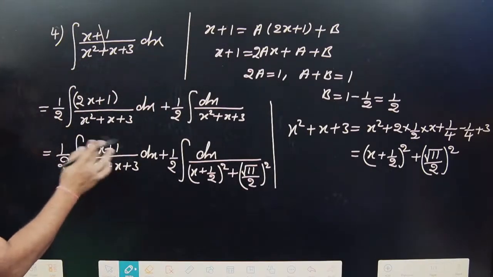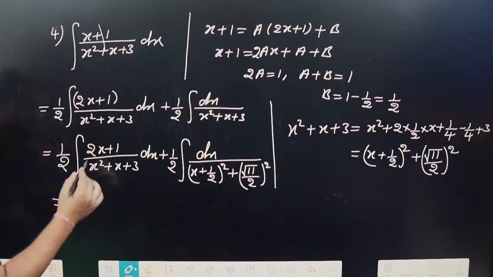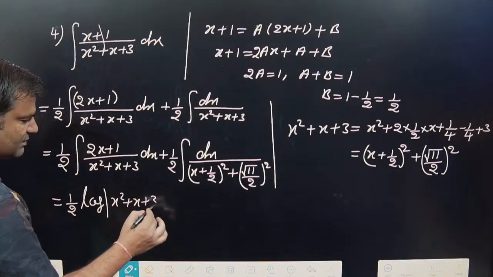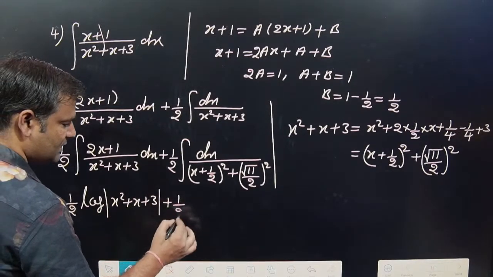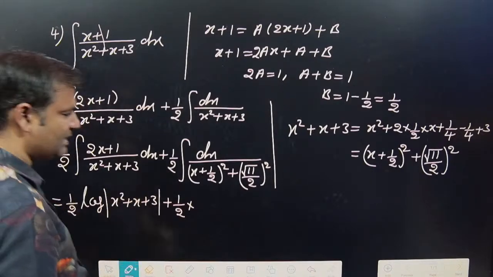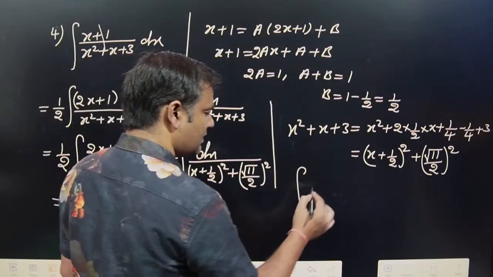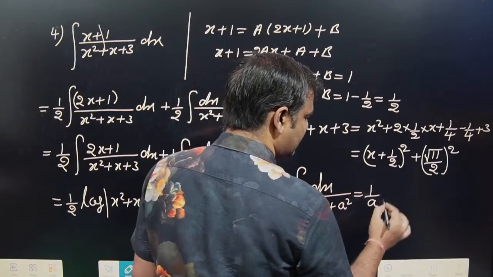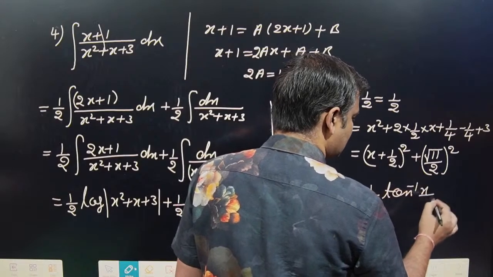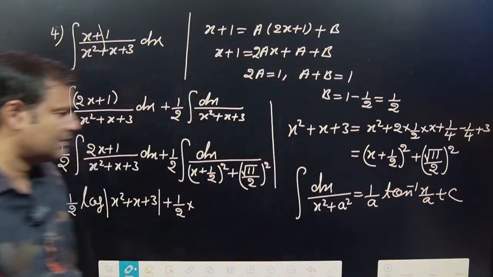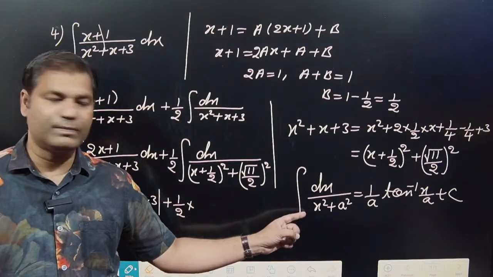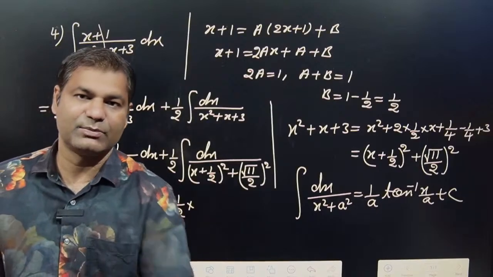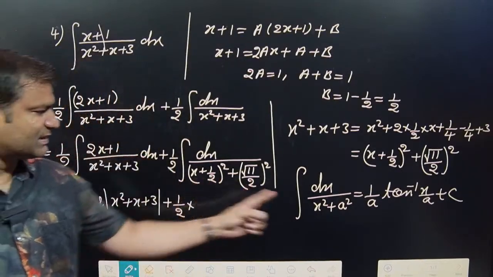Now the value is 1 by 2 into log of modulus of x square plus x plus 3, plus half into 1 by a, basically. Now look, dx divided by x square plus a square is 1 by a into tan inverse x upon a, plus c. If this type appears, dx divided by x square plus a square is written as 1 by a into tan inverse x upon a. So this one is matched corresponding to that one.